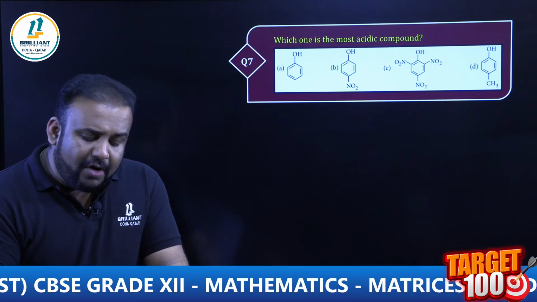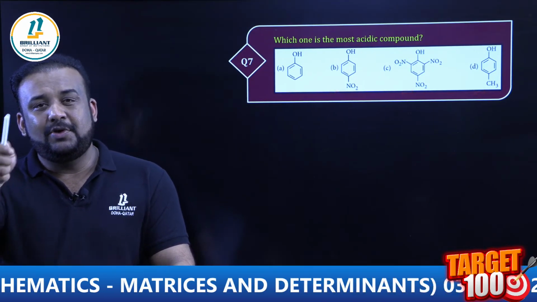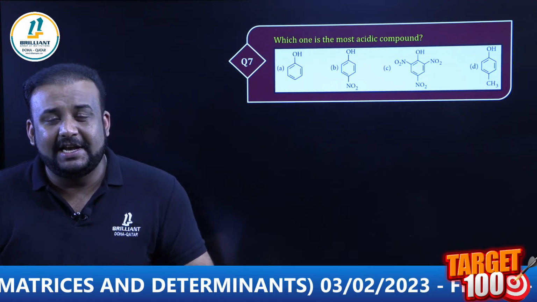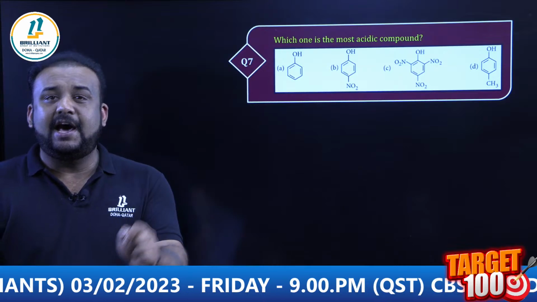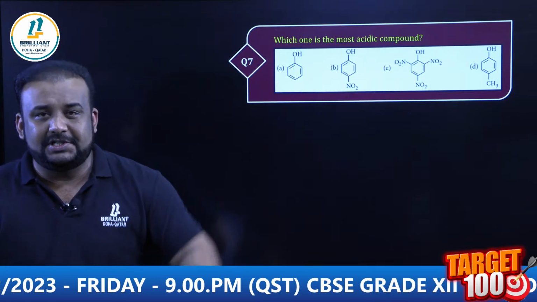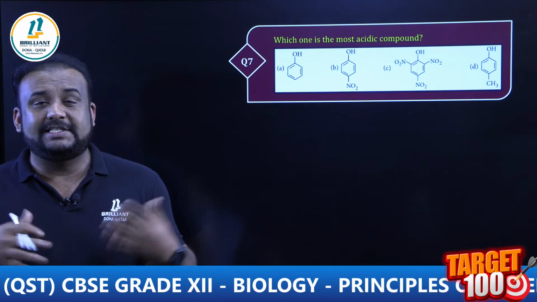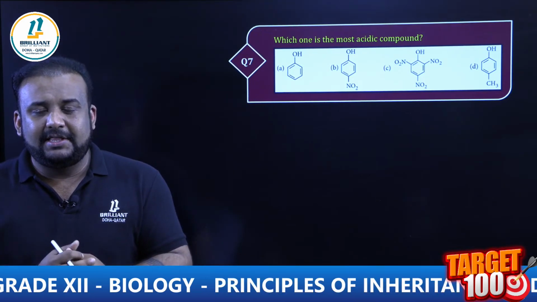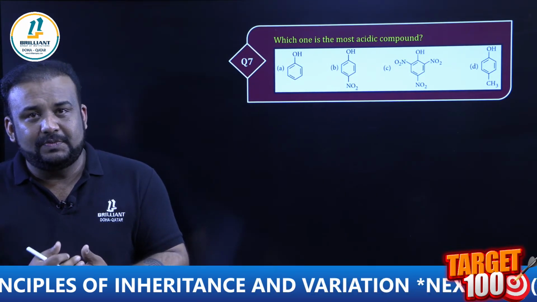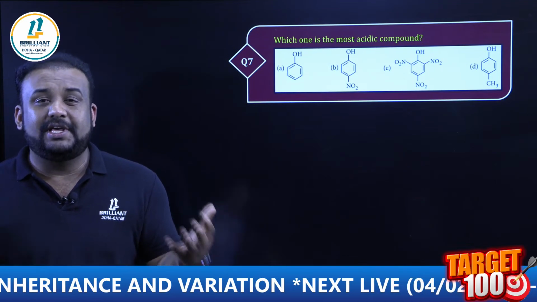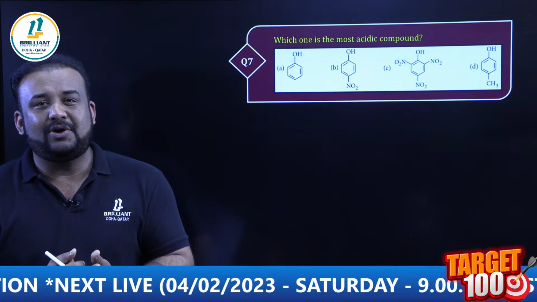So here all of them are phenols. So how do we make a decision? There you have studied a concept in NCERT. It is clearly written, electron withdrawing groups, if they are present on the ortho and para positions, they help in increasing the acidity of phenols by stabilizing the phenoxide ion formed, right? Whereas electron releasing groups, they are going to make the situation worse. So their acidity will be lesser. So here the question is, who is the most acidic compound?